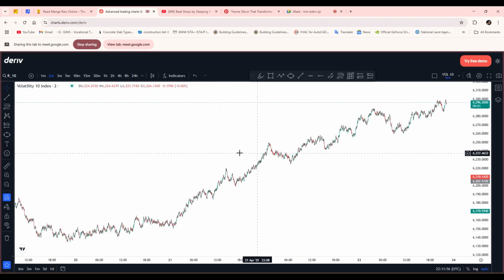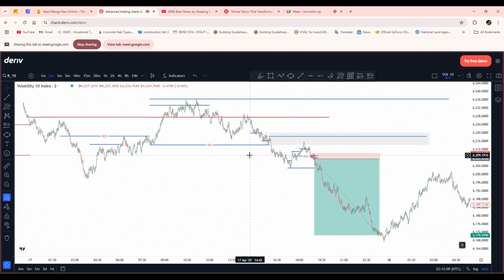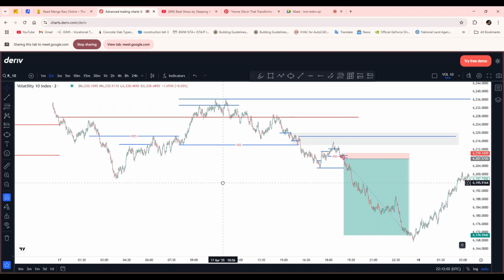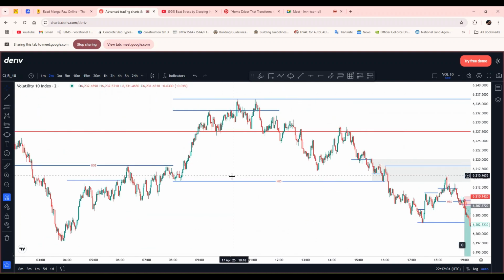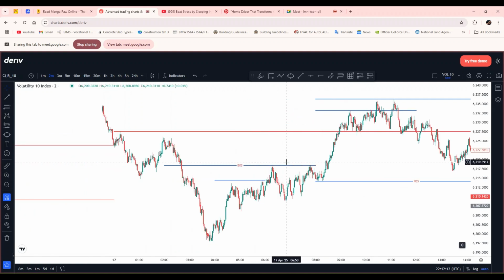So with this strategy, the trend lines are not necessary, are not important. You can basically use the trend lines. I'm not saying you should stop. I draw them sometimes, but you draw them just for notification. You don't have to keep them on the charts.